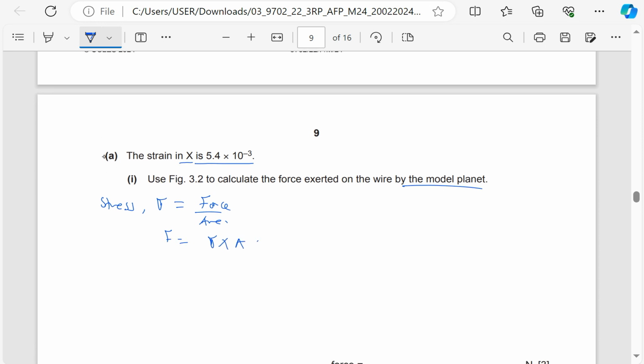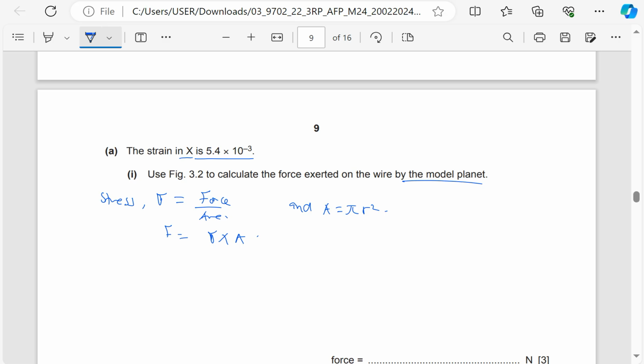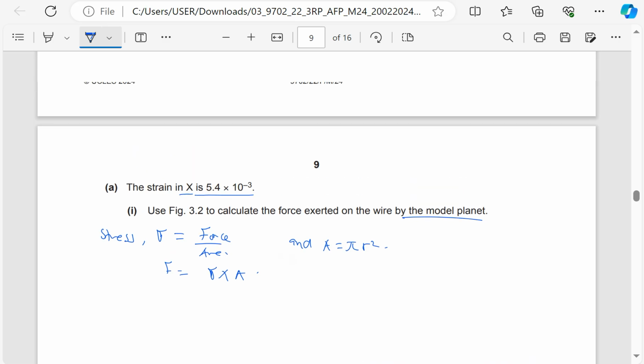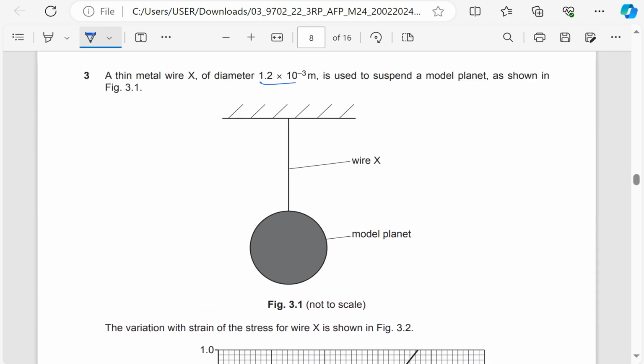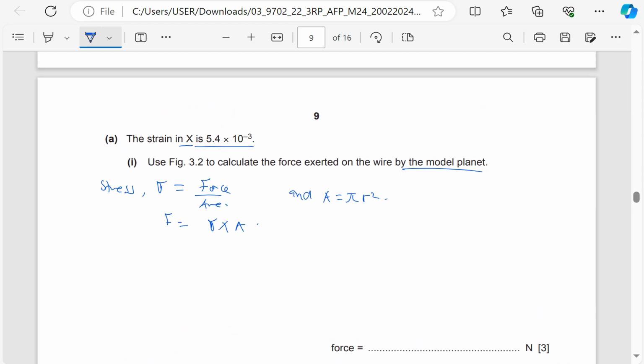And remember that area is going to be pi r squared. It is a thin metal wire, so the cross-section is circular, it is not spherical, so it is pi r squared. They gave us the diameter. So I'll just substitute here to find the force.